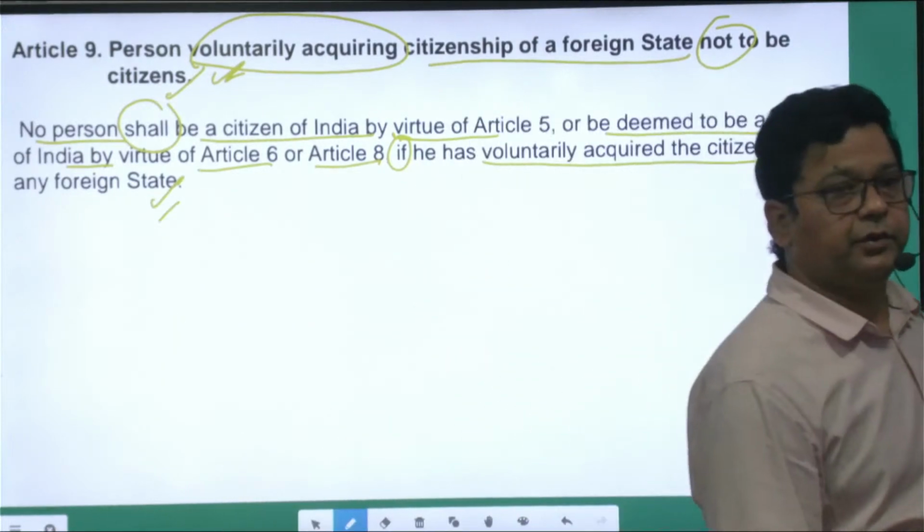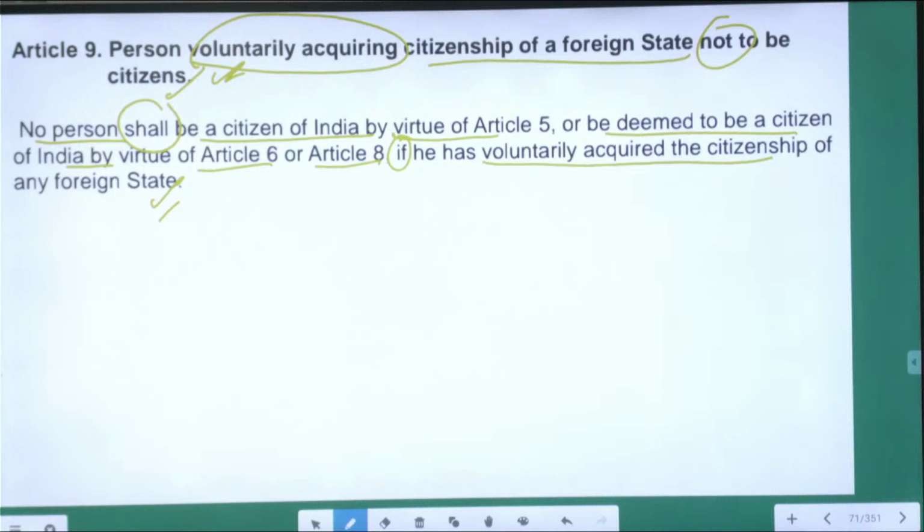So if the person has voluntarily acquired foreign citizenship, even if Article 5, 6 or 8 is applicable, but he has citizenship of a foreign nation, then he cannot be a citizen of India. Is it clear? Any doubt? This is Article 9 of the Constitution.